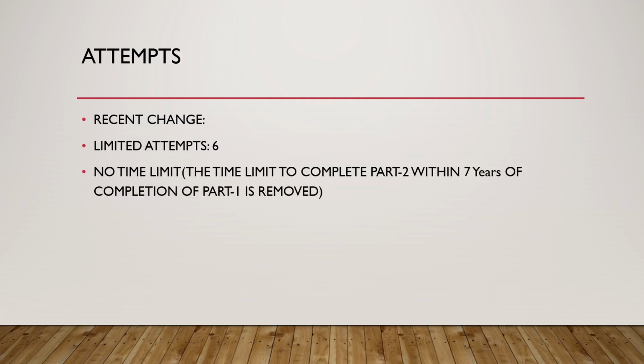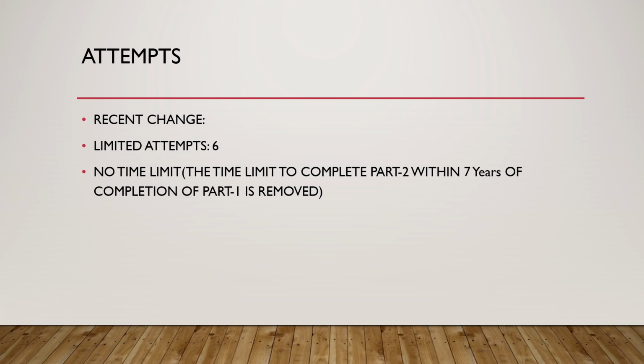The next one is attempts. There is a recent change in the RCP. The number of attempts has been limited to 6, but previously there used to be a limit on the time as well, which made it difficult for people within the 7 years of limit. If you had completed your MRCP part 1 7 years back, you wouldn't be eligible for your part 2 on paces.